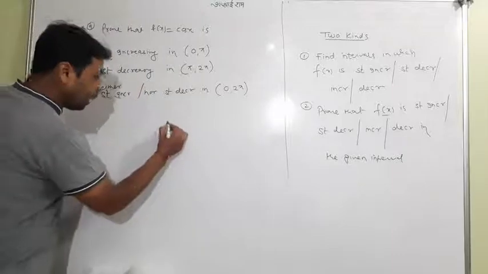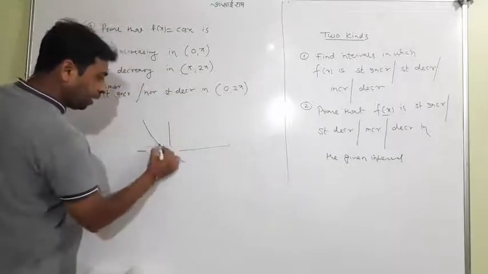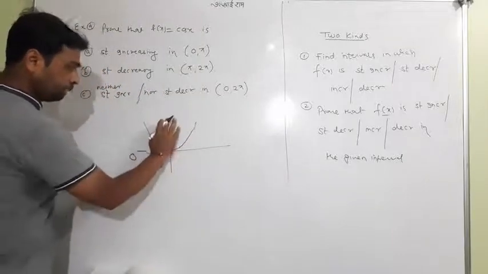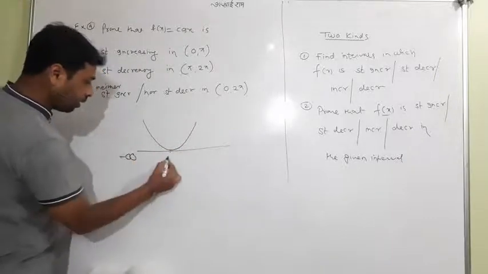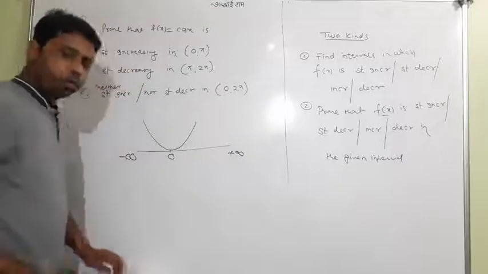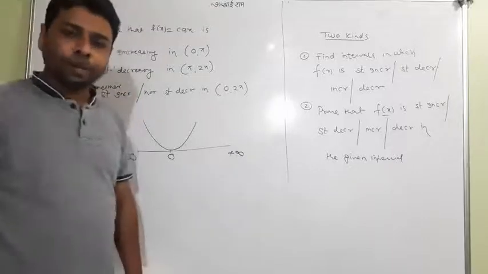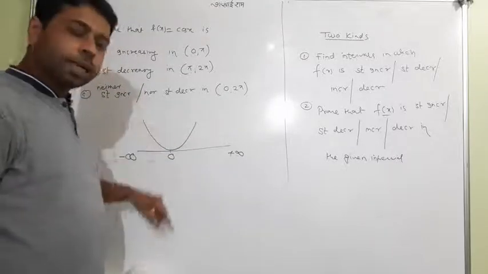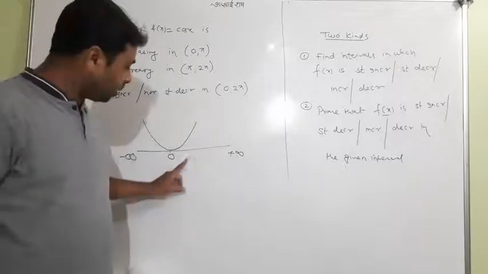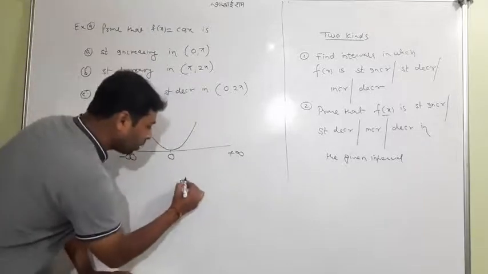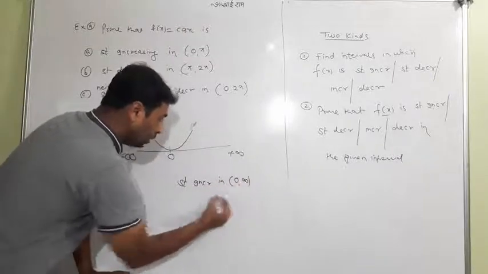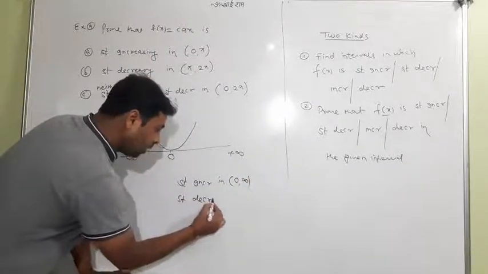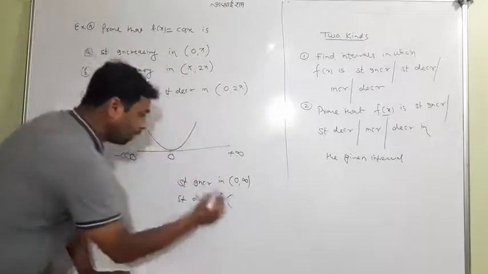Recently I made a graph, this one, and after that I rubbed it. This is minus infinity, this is 0, this is plus infinity. This function is strictly increasing in 0 to infinity, and strictly decreasing in minus infinity to 0.